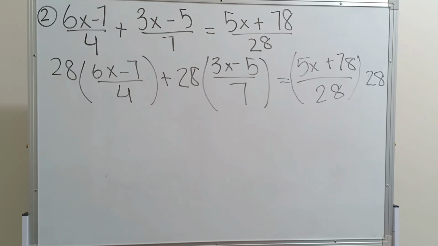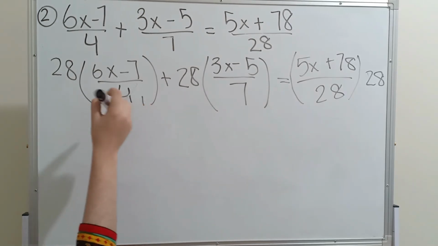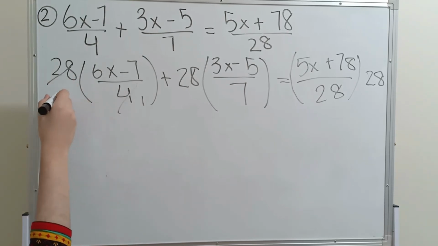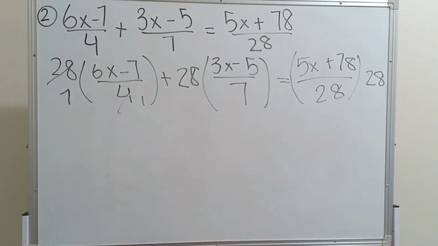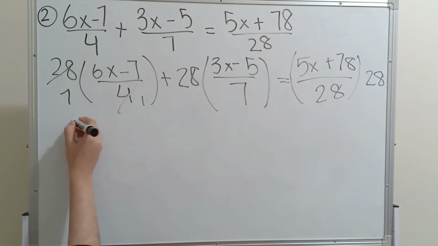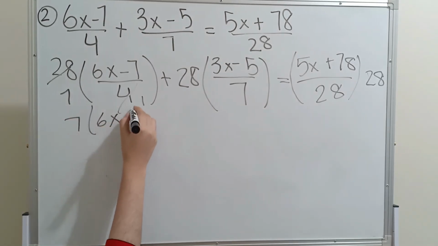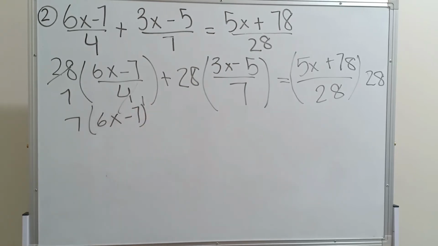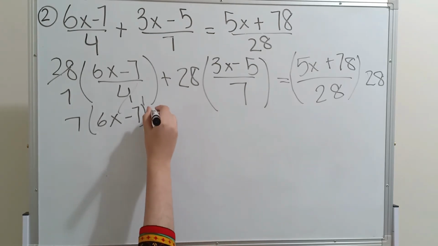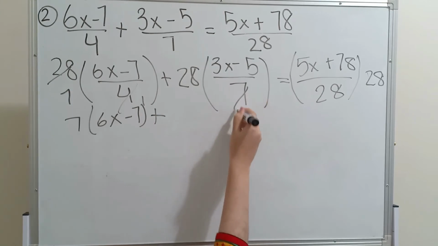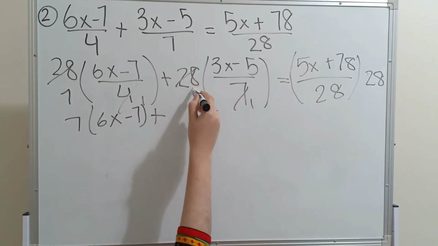So we can simplify this because 4 times 1 is 4. 4 times 7 is 28. So it's basically, let's rewrite it. 6x subtract 7. So it's basically 7 times 6x subtract 7 because this one is crossed out because we had a 1 in the denominator. Plus 7 times 1 is 7, 7 times 4 is 28.